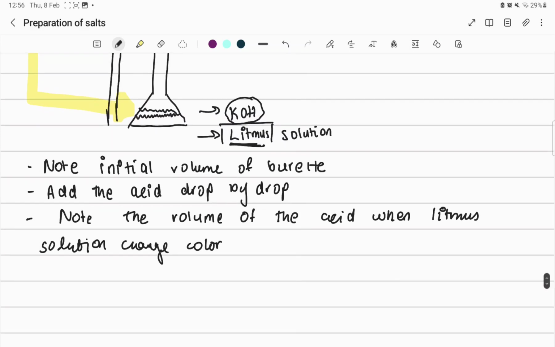So what you're going to do is you know that the final volume minus the initial volume is the volume of acid needed to form the salt.